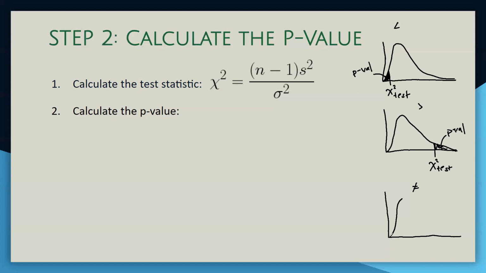Here, if I have a two-tail, so area over here, the problem is that that test statistic is either here or here.